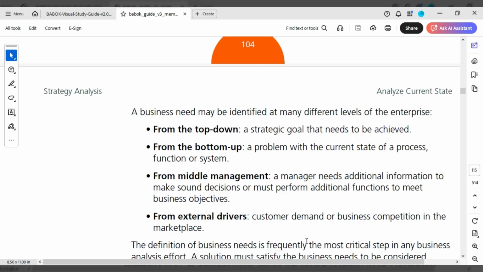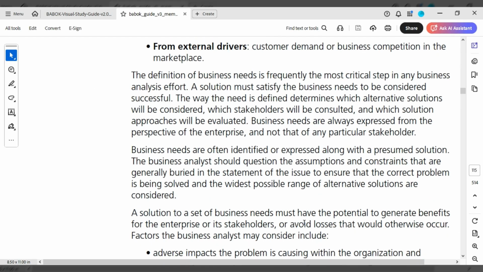They notice that there's an issue and they come back to you. That is currently a business need already. Customer demand or business competition in the marketplace. So it can also be a competition that you notice and you're like, oh, we need to meet our competitors.